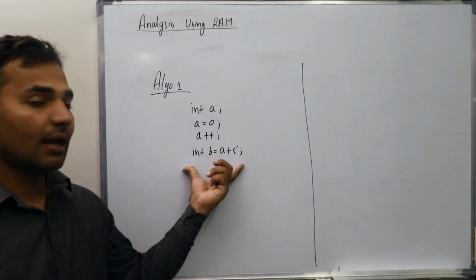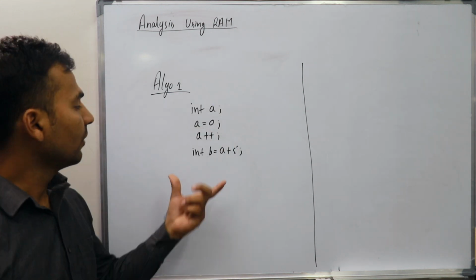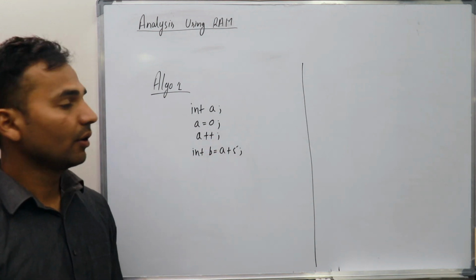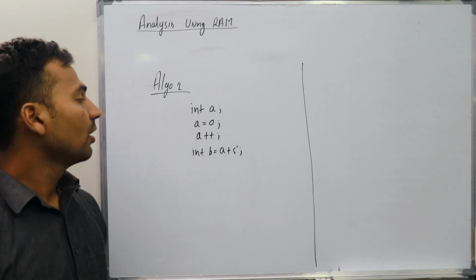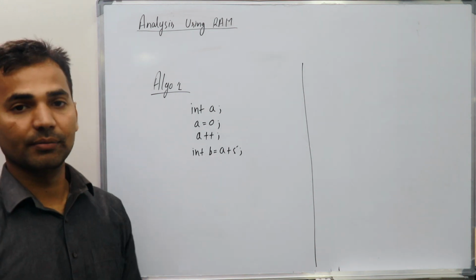Now, how do we analyze this algorithm using a RAM model? We count the number of primitive operations in the algorithm.